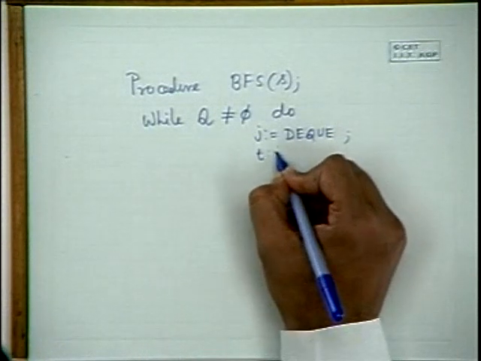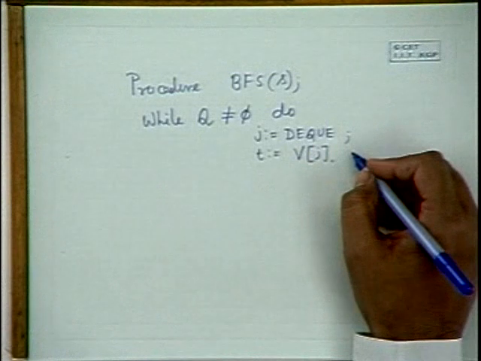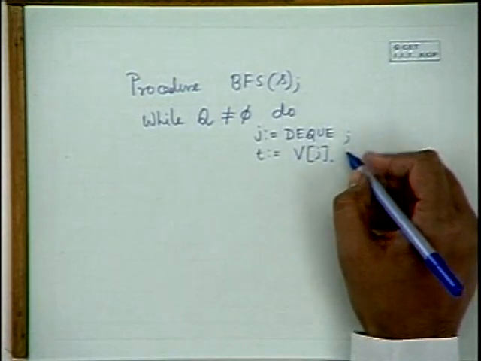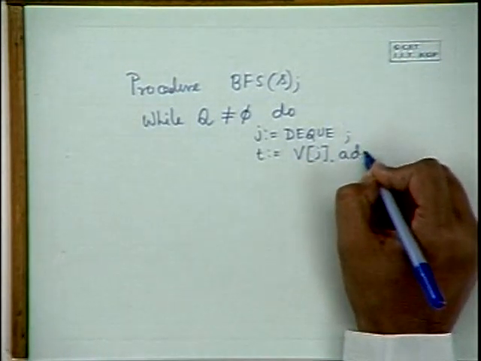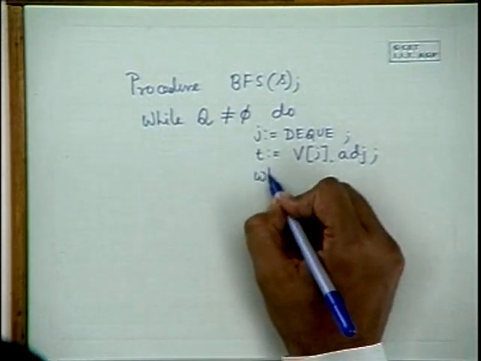Then t is equal to vj.adj, if you go back to the data structure, this should be the adjacency list pointer. Then you go over all its neighbors.